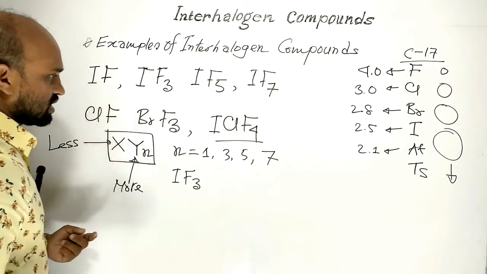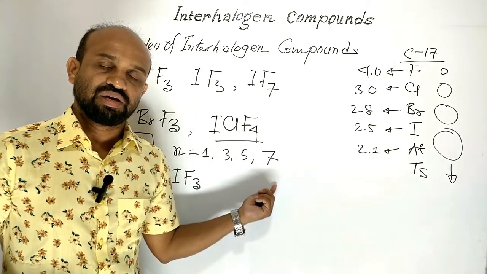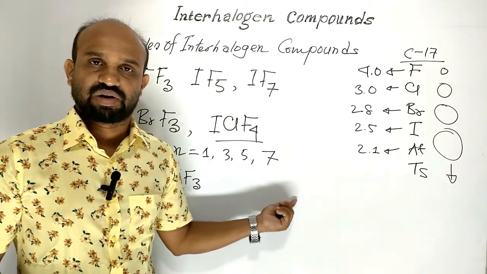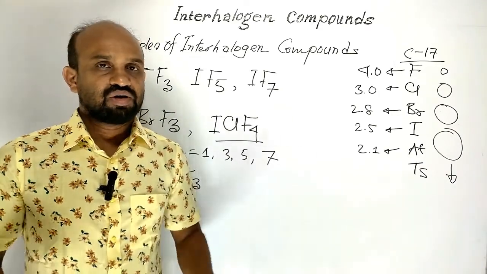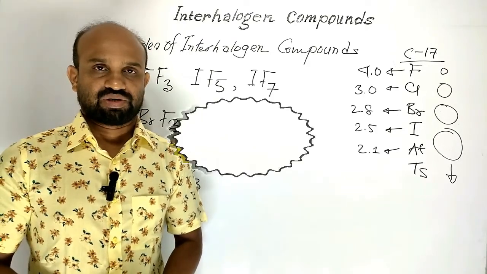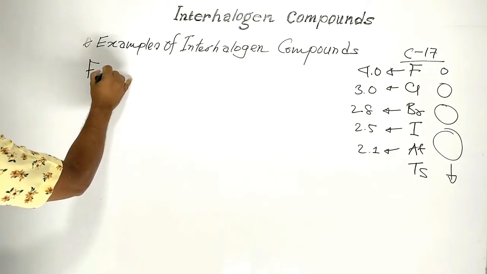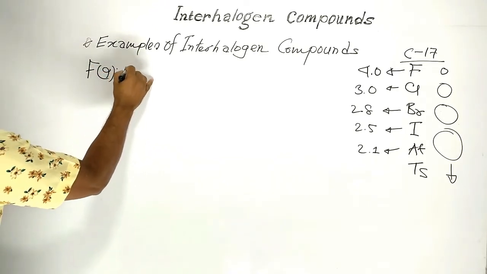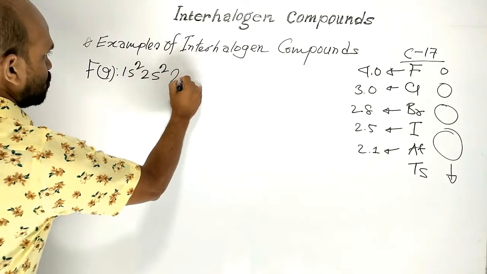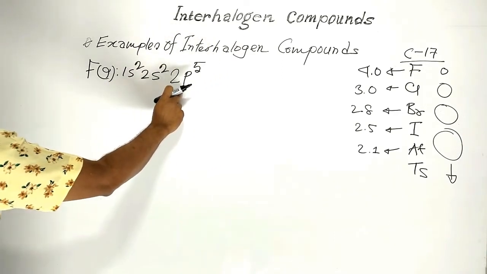Another question arises that here values of n is equal to 1, 3, 5 and 7, odd numbers, no even numbers. Now let's see why odd numbers. Let's see electronic configuration of fluorine first. 1s2, 2s2, 2p5, total 9 electrons.